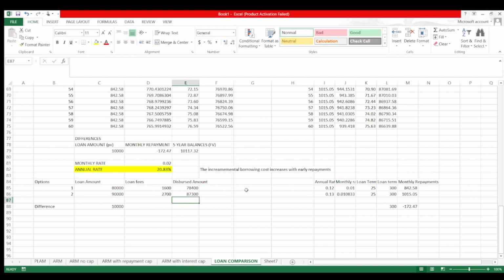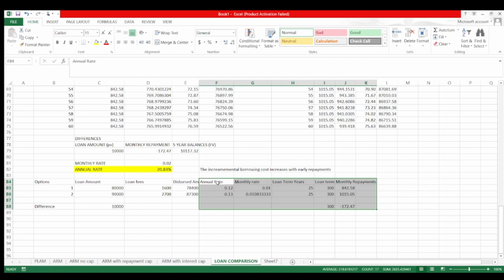Okay. Now, what we also have here, the annual rate and the loan term will still hold. This information will be the same. So let's just put it back here.